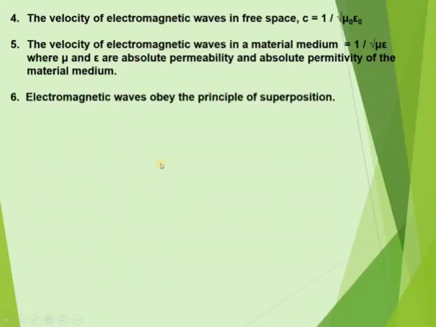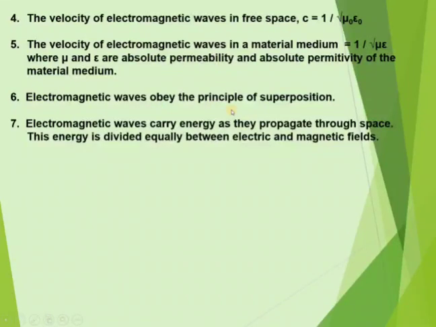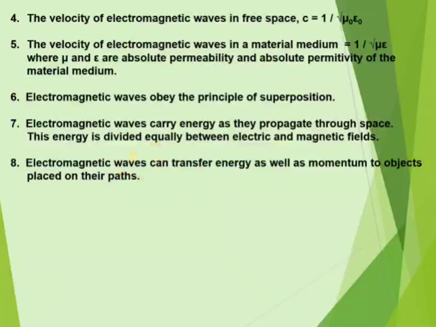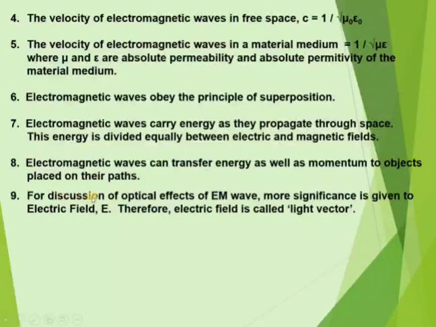Electromagnetic waves obey the principle of superposition. They carry energy as they propagate through space. This energy is divided equally between electric field and magnetic field. Electromagnetic waves can transfer energy as well as momentum to the objects placed in their path. For the discussion of optical effects of electromagnetic waves, more significance is given to the electric field.